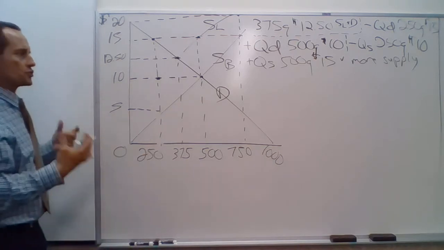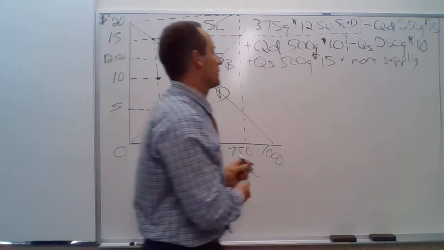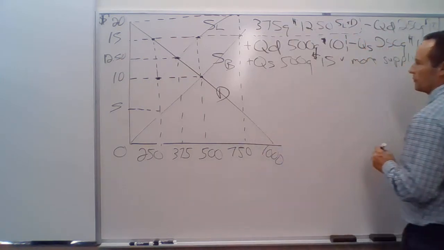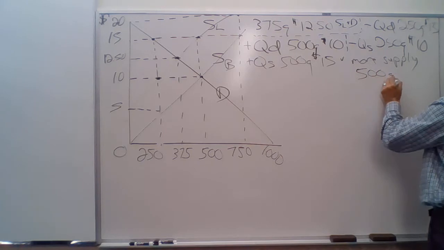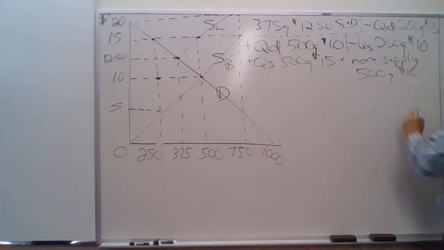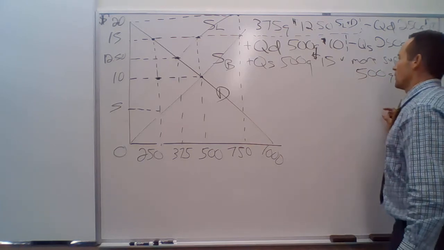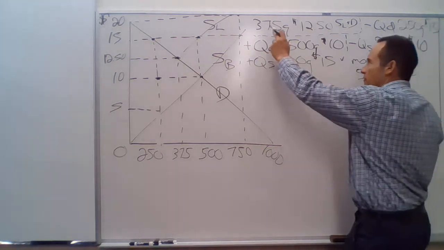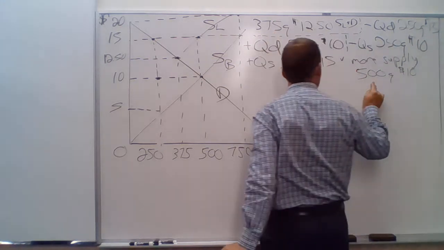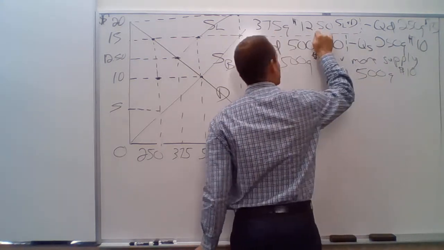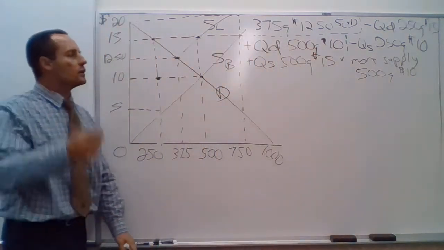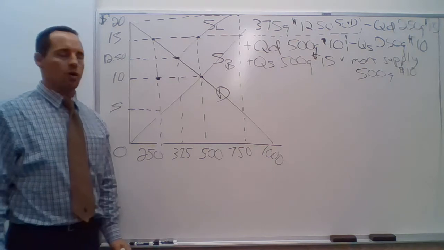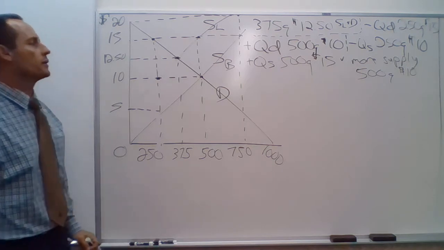But it also is an example of more supply. We were having 375 units. Now we have 500 units. We were paying $12.50. Now we're paying $10. So we get more inventory and pay a smaller price. That is certainly more supply.